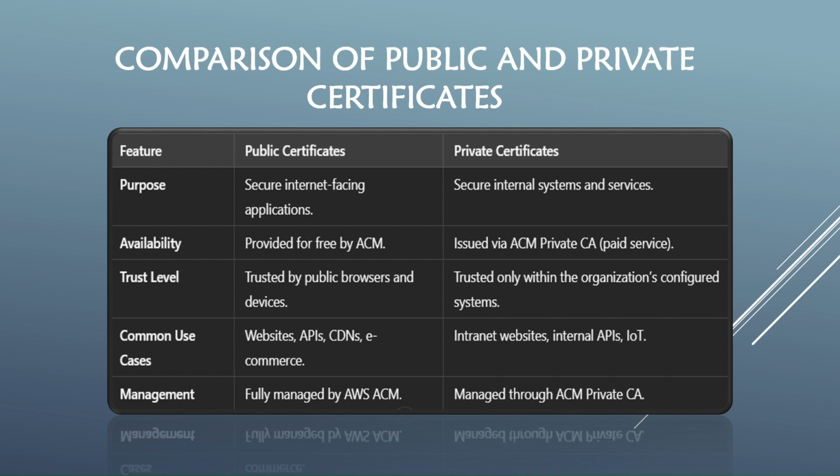When it comes to common use cases, public certificates are used for websites, APIs, and cloud e-commerce, while private ones are only for internal applications, APIs, and IoT. Public certificates are fully managed by AWS, and private ones are managed through a private certificate authority.